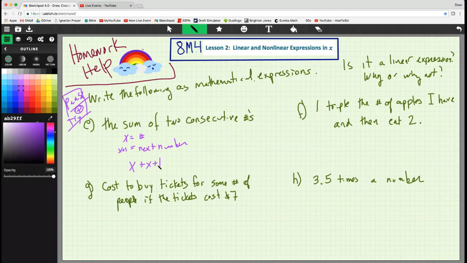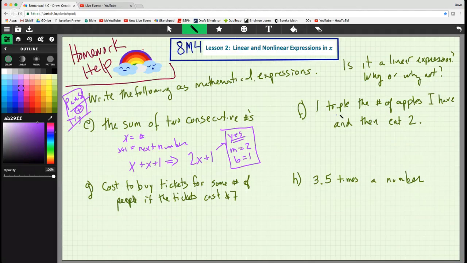Well, is that a linear expression? It doesn't look like one, but it can be simplified to 2x plus 1. And so the answer is yes, this is a linear expression. M equals 2 and B equals 1.